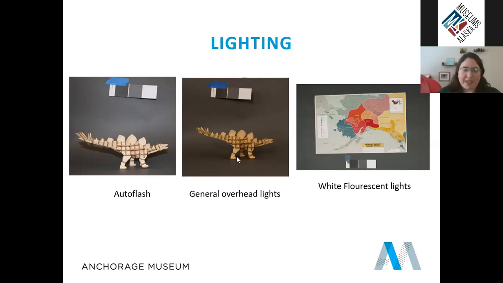You can see here the color is a little warm, but the color is all the same. There's not anything that's too much brighter than anything else. And then using the fancy white fluorescent lights, you can see that the colors are really vibrant, and it's all evenly lit, but it's still very bright. This is a bit more subdued. So that's how they played out there.